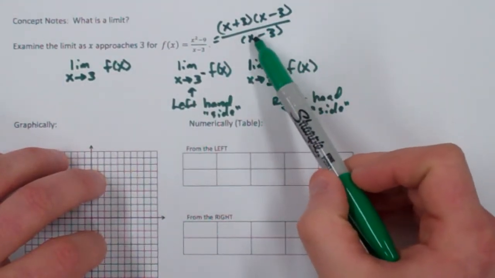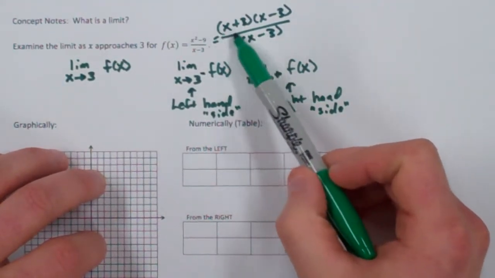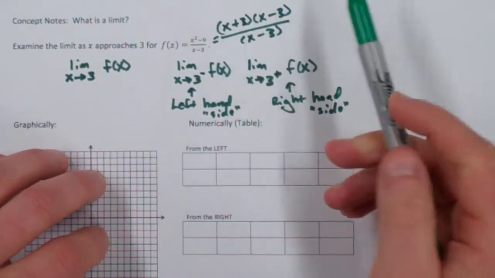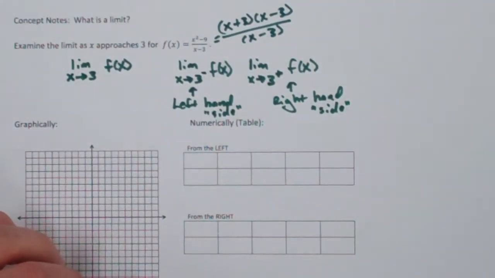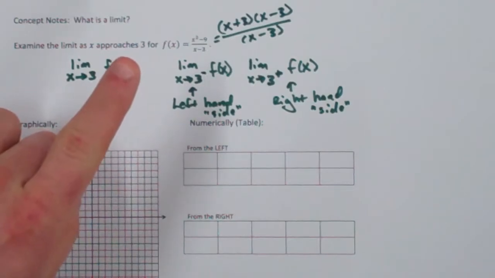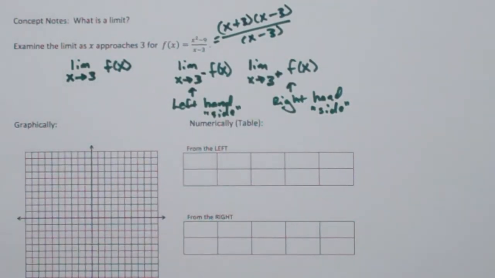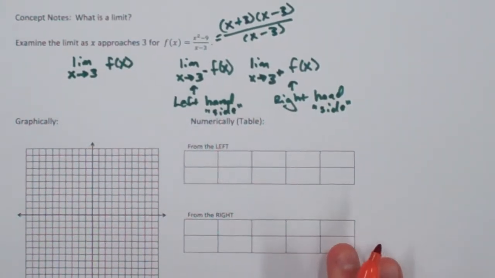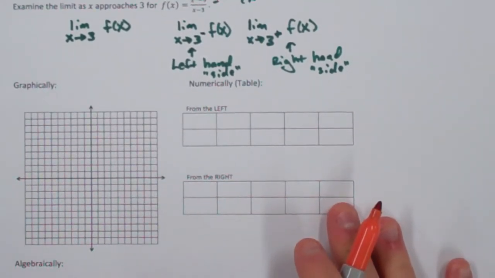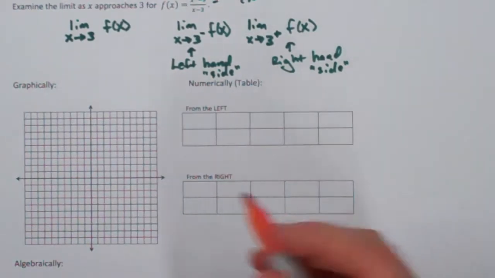If we were to cancel those out, we'd be left with just x plus 3. So this graph is going to behave just like x plus 3, except at an x value of 3, where the function is undefined. If we go down to our graph, we can apply that and simply graph a linear equation.